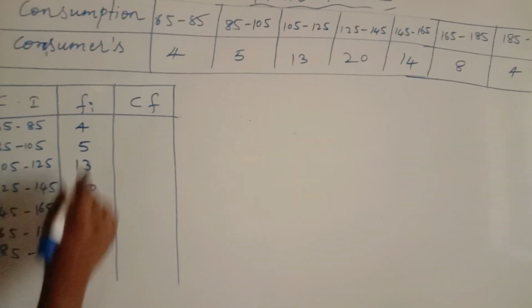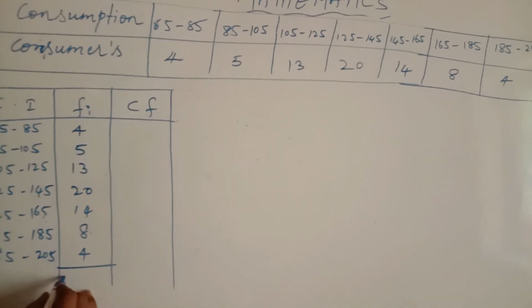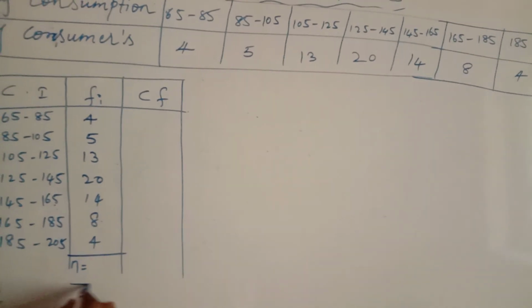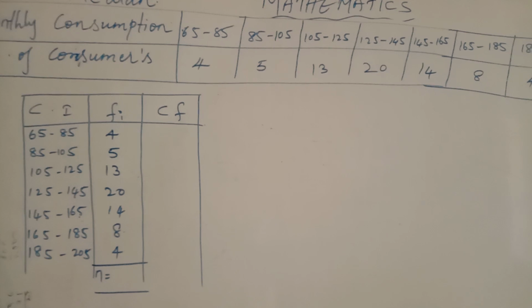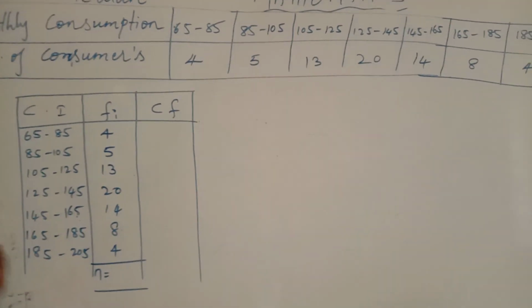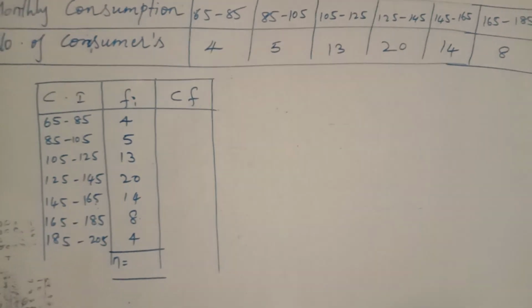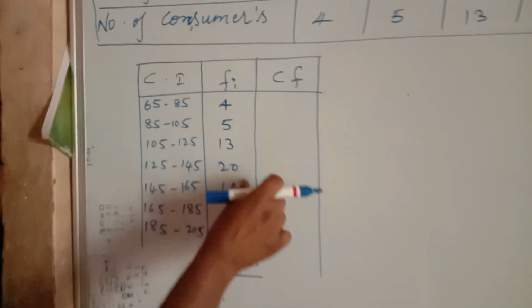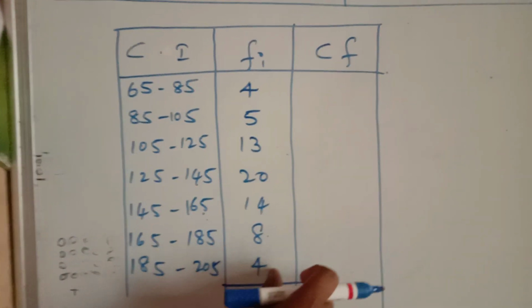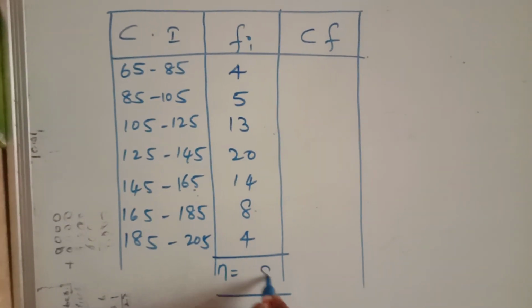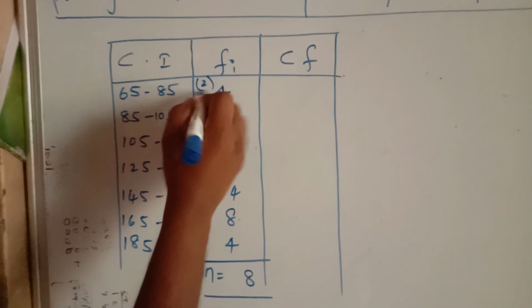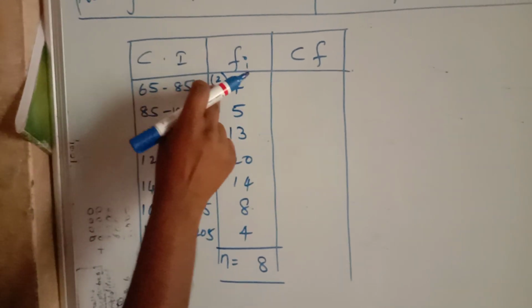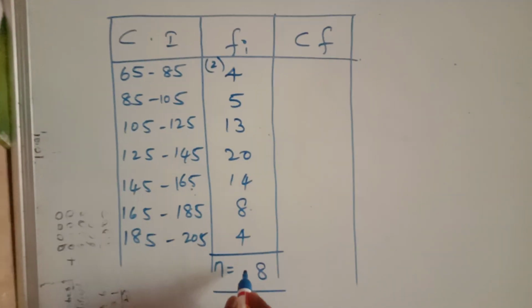Then you get N, the total frequency. Add all these values: 4 plus 5 is 9, 9 plus 13 is 22, 22 plus 20 is 42, 42 plus 14 is 56, 56 plus 8 is 64, 64 plus 4 is 68.